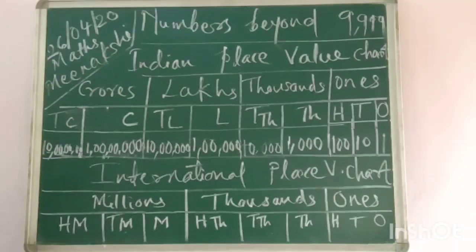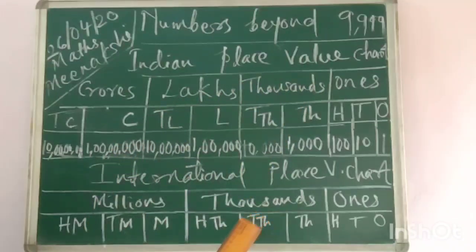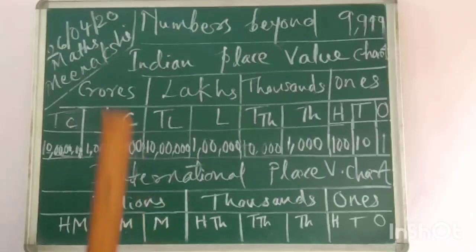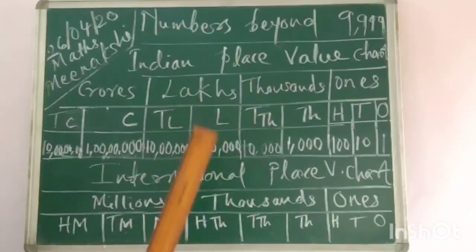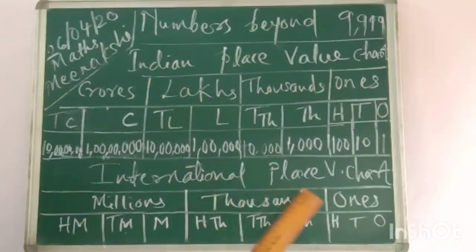Now look here, in the first chapter we have seen the Indian place value chart and the international place value chart. What is the difference between them? In the Indian place value chart, there are the periods of ones, thousands, lakhs, crores, and in the international the periods are ones, thousands and millions.